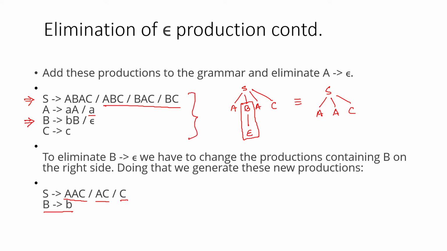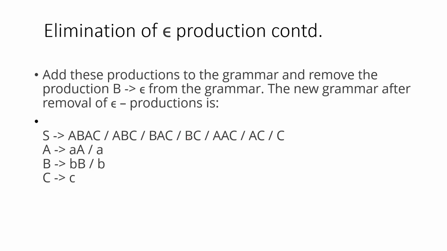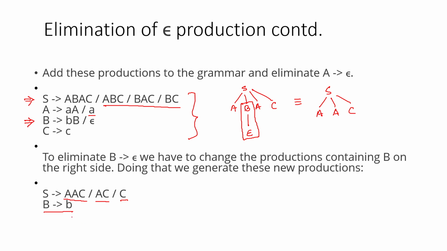That means the new set of productions will become something like this: ABAC or ABC or BAC or BC. Up to this one, it was for eliminating A to epsilon. From this one, it is for eliminating B to epsilon. Similarly, as we have seen, A to small a was added. Similarly, capital B to small b was added because of this line.